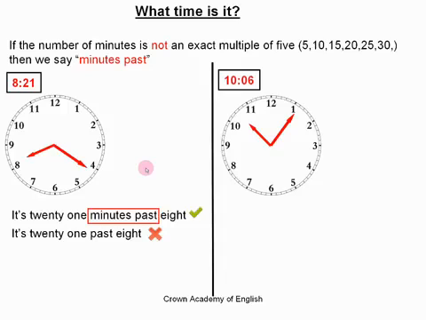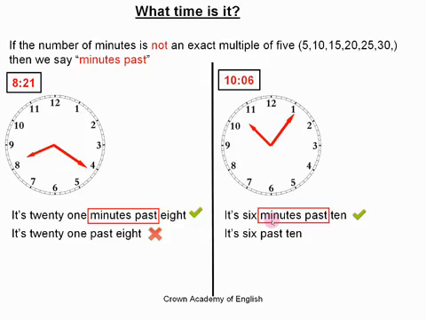And another example, it's 6 minutes past 10. 6 minutes past 10. We do not say it's 6 past 10. That is wrong. Okay, so this is a special rule for when the number of minutes is between a multiple of 5. When it is in between, for example here, it is number 6 minutes.